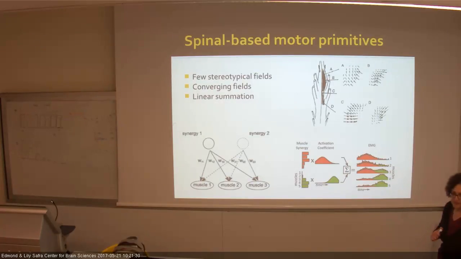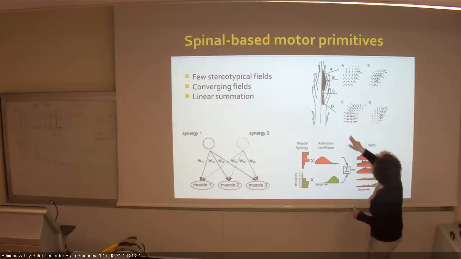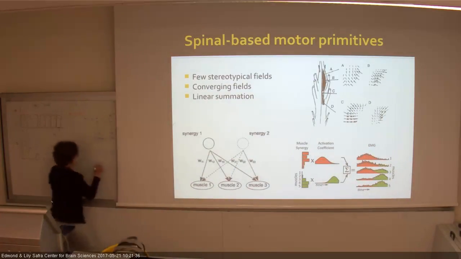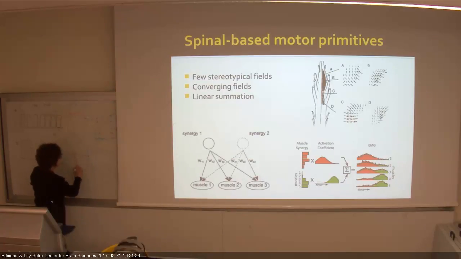How did you define the field? So if you look at this, this is the frog, and this is the leg of the frog. This is a headless frog. They cut the connection above the tectum, so it's only spinal circuitry that operates. Now you pin the leg of the frog here, you stimulate in the spinal cord at this point, and you see the force going here.